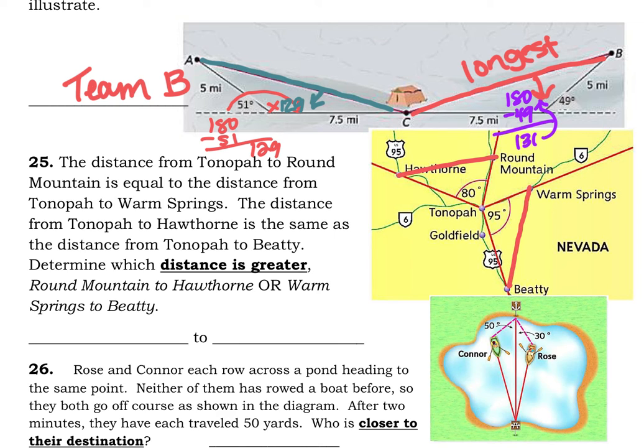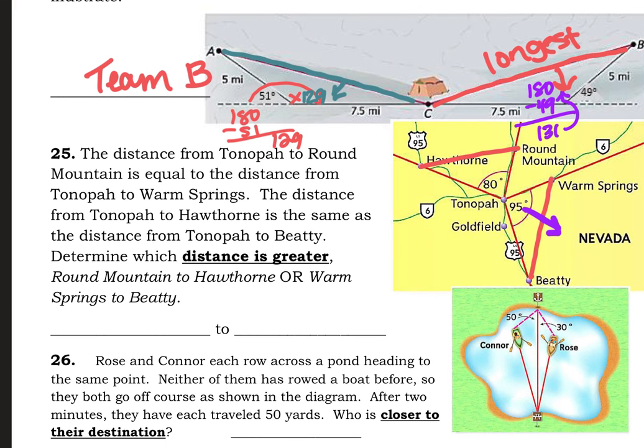The question here is, who has the greater distance? Are we going to look at the cities across the 80 or the cities across the 95 degrees? The 95, right? If that's the largest angle, then they must have the furthest distance. And we can abbreviate here, because that may be too long for you guys to write.